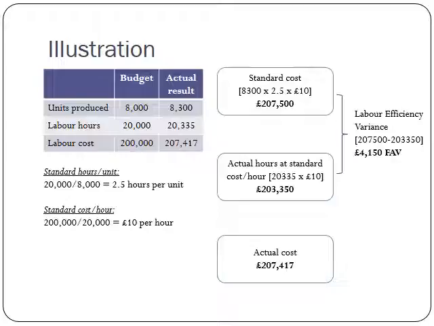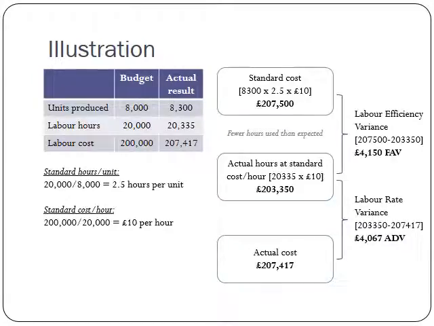Next, I can calculate my labour rate variance, and this is the difference between the bottom two boxes. So that's the difference between £203,350 and £207,417.